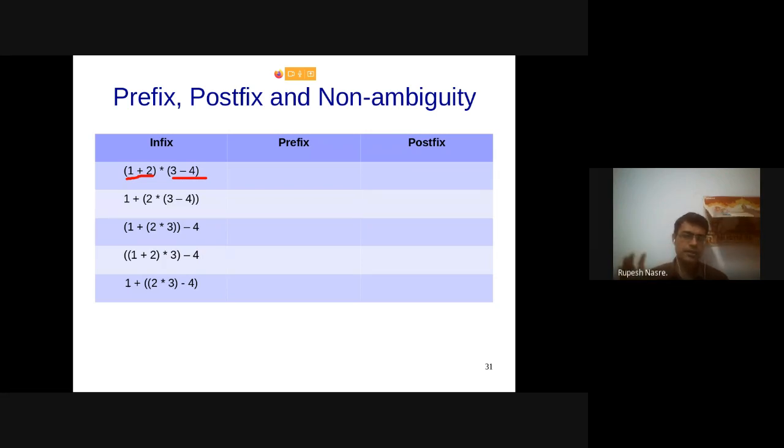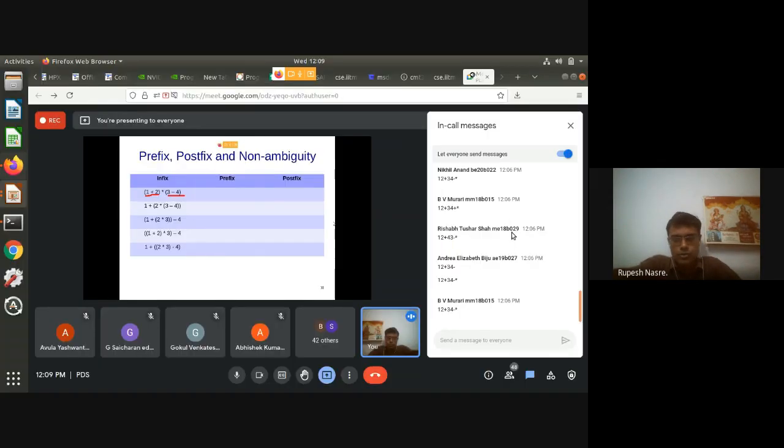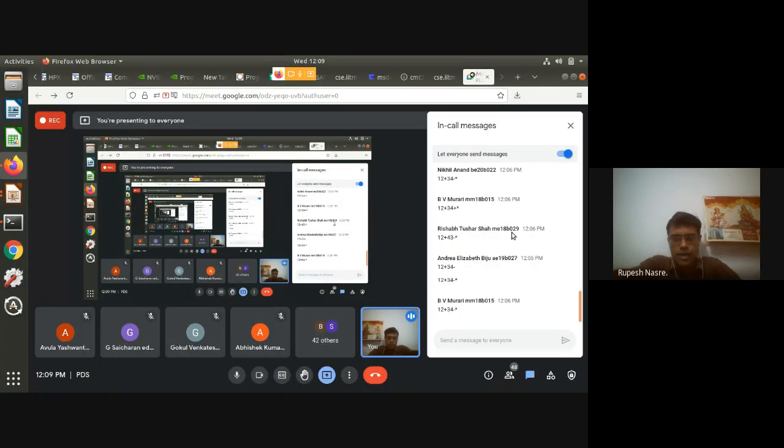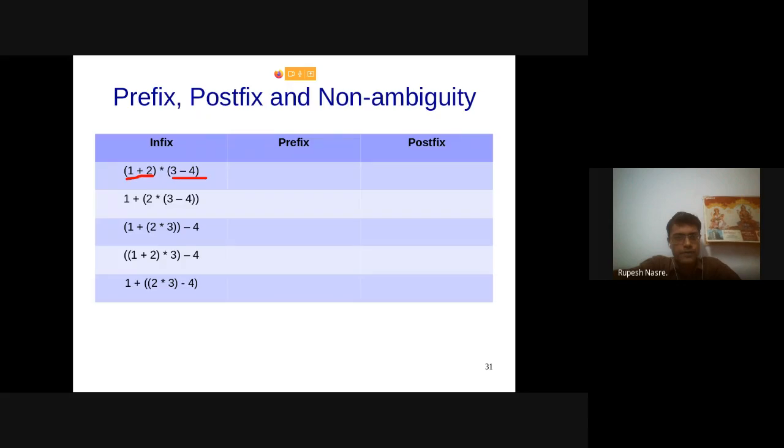It's just how we parenthesize the expression that is changing, and because of that the prefix and postfix are changing. That is a very good sign that prefix and postfix are able to disambiguate how the order of evaluation should be. We cannot do that without parentheses in the infix form. Okay, so this will be a good time to tell what will be the prefix form for the second row.